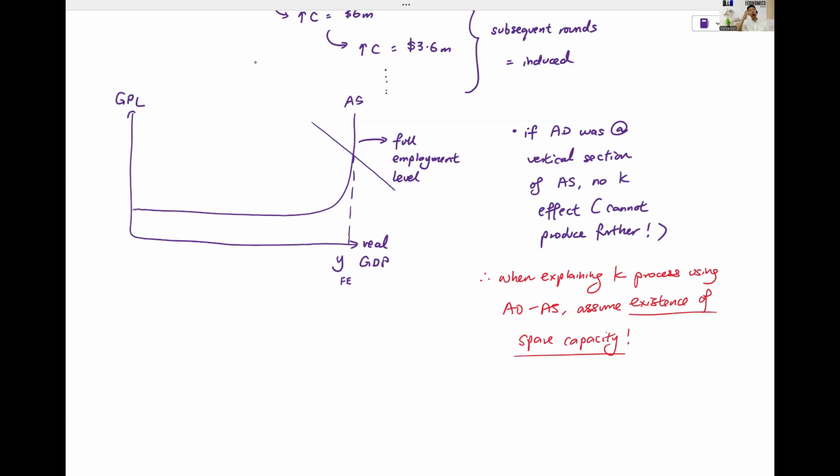It's important to assume this, that spare capacity exists. What is spare capacity? It means unutilized resources, which just means you're not at full employment.